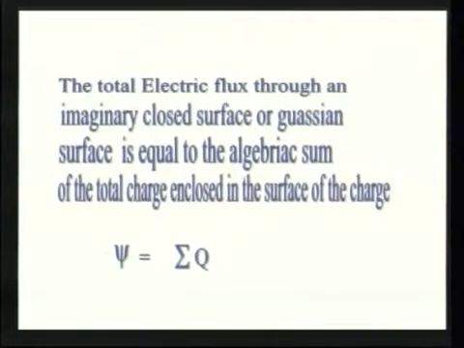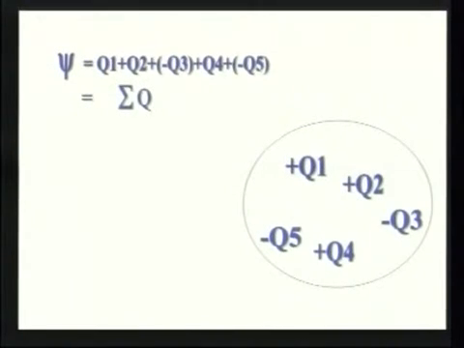Next we will move to the Gauss law. The total electric flux through an imaginary closed surface or Gaussian surface is equal to the algebraic sum of the total charge enclosed in the surface, where psi equals sigma Q. Let us see, in a region there are 5 charges: Q1, Q2, minus Q3, plus Q4, minus Q5.